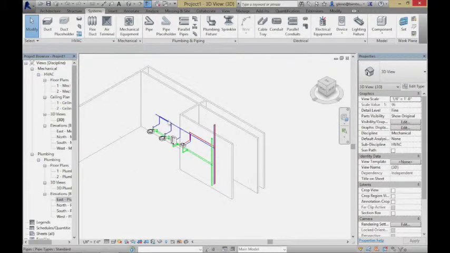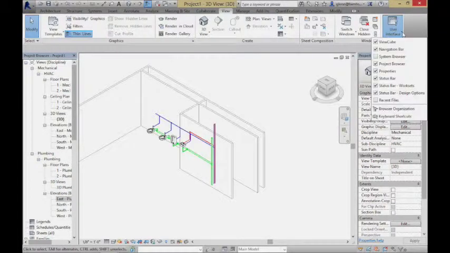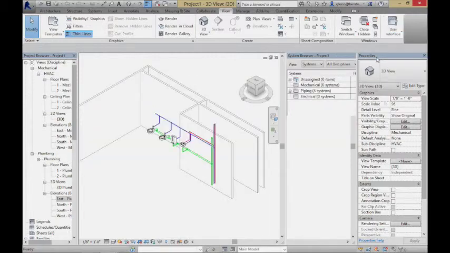The nice thing is each of these different systems has a lot of information stored about it. It's not only that we've modeled them, understanding physically how they're going to come together. Let me take a look at, under View, I'll bring up something called the System Browser.